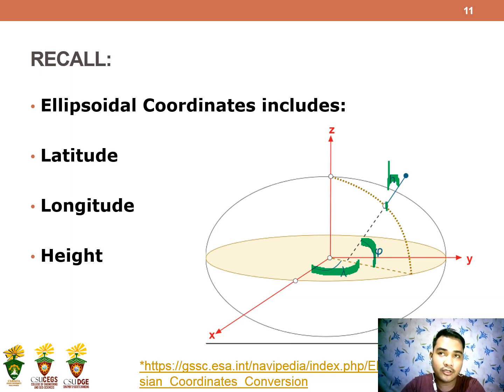and it is determined from the surface of the ellipsoid going to the topography of the Earth. Since the topography or the terrain of the Earth does not always coincide with the ellipsoidal surface, because we all know from our previous discussion that there are different surfaces of the Earth: the ellipsoidal, the geoidal, and the Earth's topography or terrain.